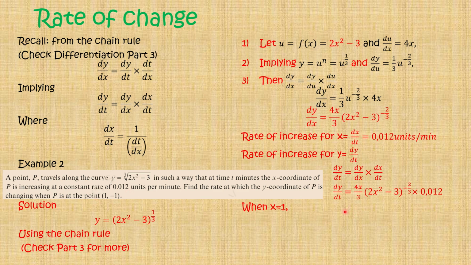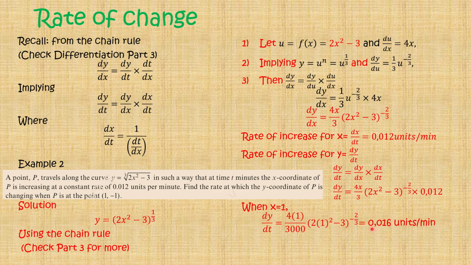So now with that, we can actually move on to substitute for the x value. So now the x value is 1 because from the point P, we are given that the point has x-coordinate 1 and y-coordinate minus 1. We are not going to make use of the y-coordinate, so we just focus on the x-coordinate, which is 1. So now wherever we had x in our dy/dt term, we are going to substitute that with a 1.